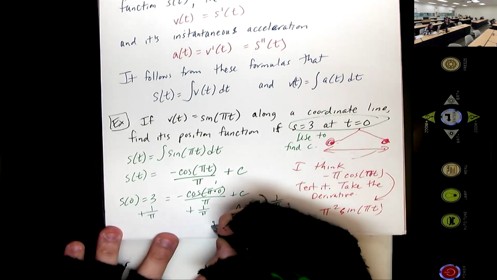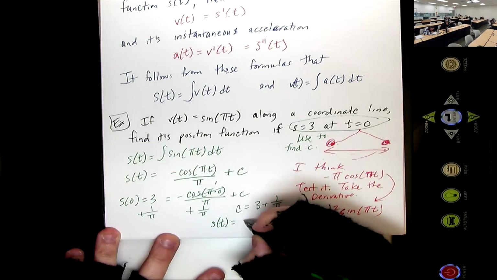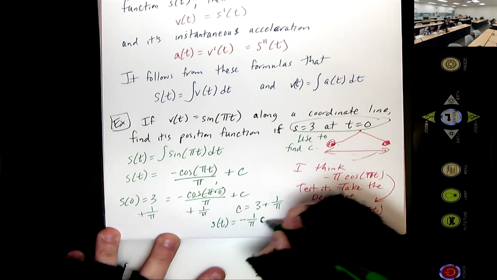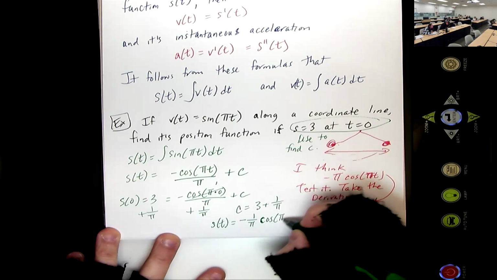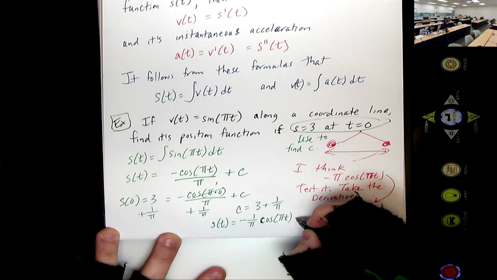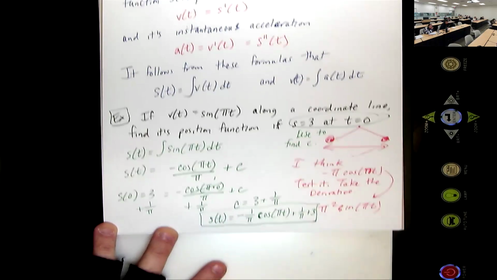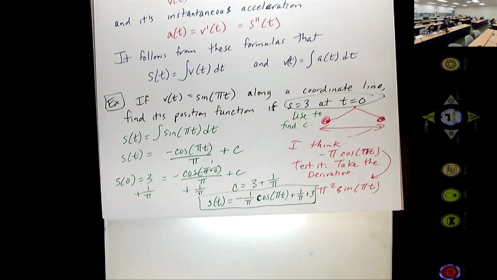Which makes our position function pretty ugly. I'm going to say negative 1 over pi cosine pi t plus 1 over pi plus 3. Wasn't that fun? You're like, what? Oh, hell no.